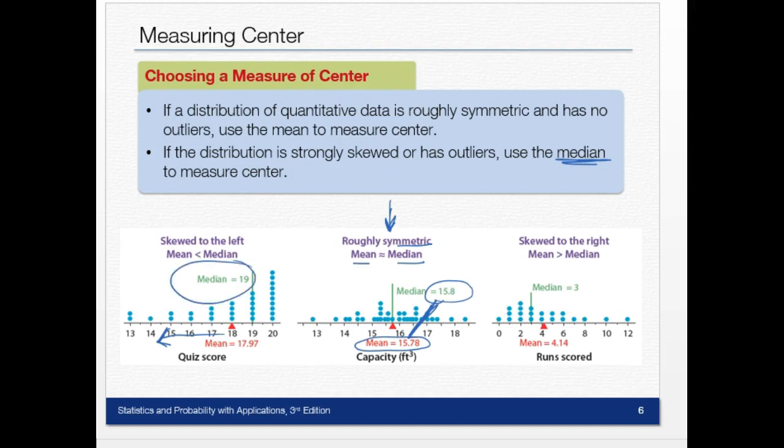If it's right skewed, the mean is greater than the median because the mean gets pulled towards the tail, which is to the right. So it's important that you catch these diagrams. If it's left skewed, the mean is less than the median. If it's right skewed, the mean is greater than the median. If they're symmetric, they're equal.